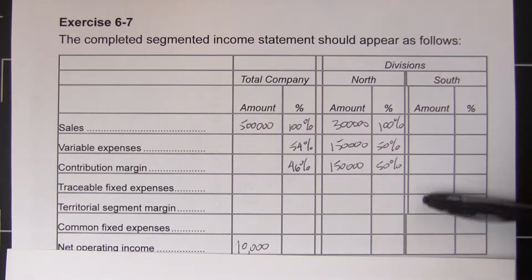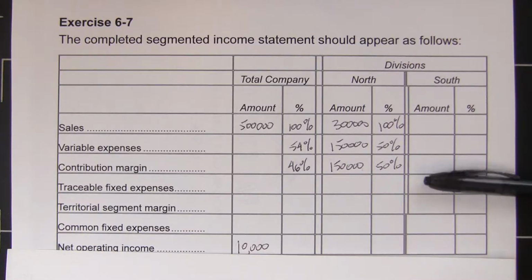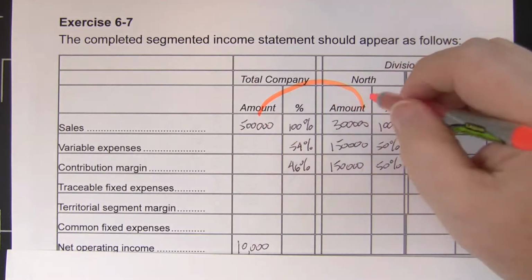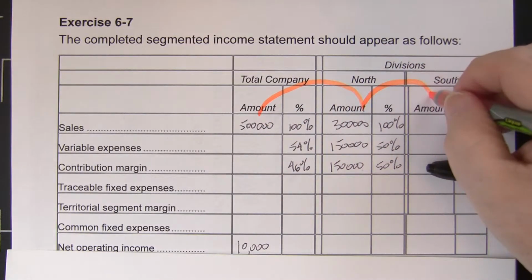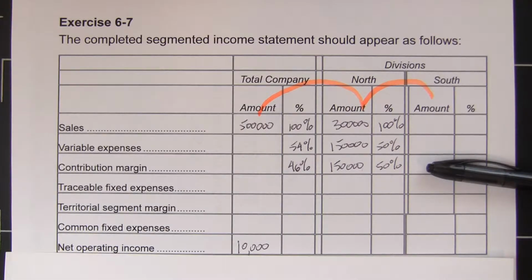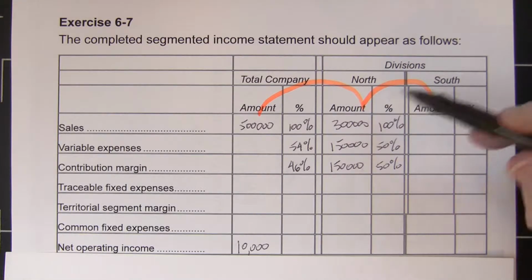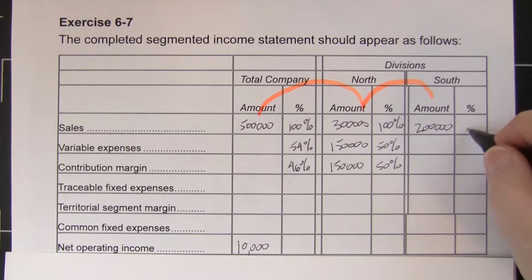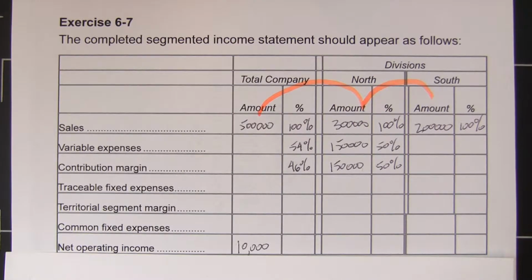Now, let me draw your attention to this. And this is a good problem because it makes you think a little bit. This and this and this are related. So if we have 500,000 altogether, and we have 300,000 from the north, 200,000 is 100% of the sales from the South Division.